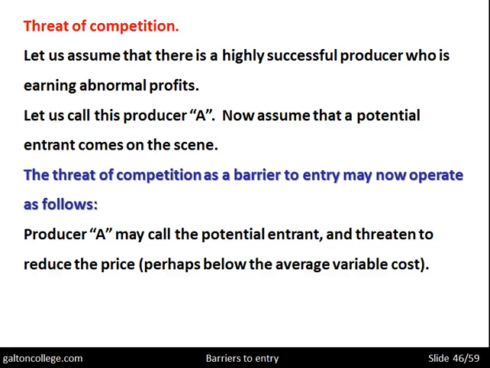So the existing producer calls the potential entrant and says, if you set up, I will wait till you have spent all your money on the premises, the machinery, the offices, and when you've set it all up, I will then cut the price, perhaps even below the average variable cost, because they have reserves, let's say, to enable them to do it. Well, that means that the potential entrant will not be able to sell.